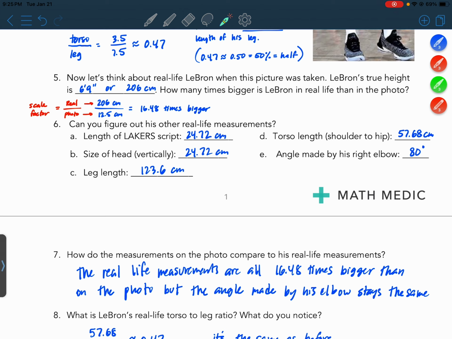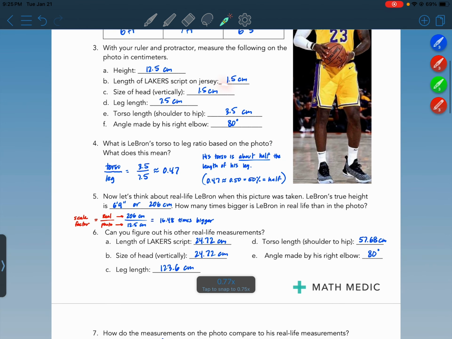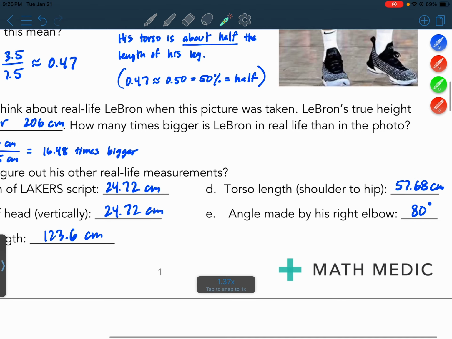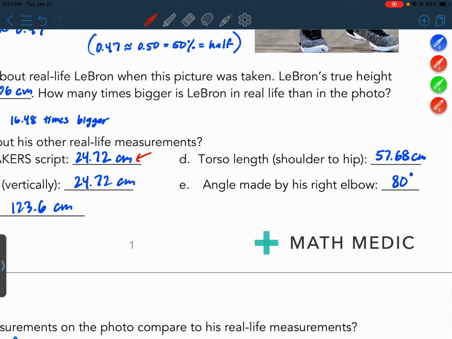To figure out how long the Lakers wording is on the jersey, the idea would be to take the photo measurement and multiply it by 16.48. So I'll write it here in red. What did I have? 1.5. So this would have been, on the calculator, 1.5 times 16.48.